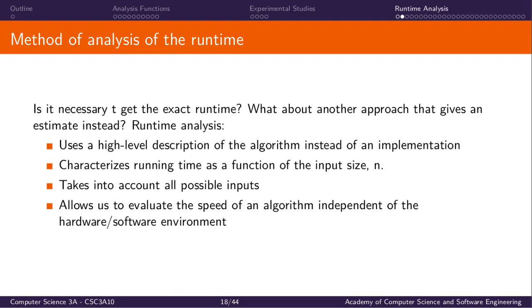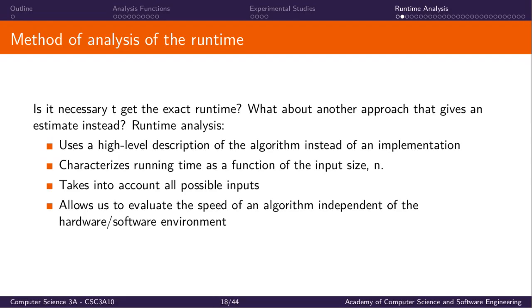All right. And so instead of actually implementing this algorithm, we can instead look at a high-level description of it, like pseudocode, then characterize the runtime as a function of the input. So see, what does this algorithm actually do on that input? Based on that, try to characterize the function's runtime as a function of that input. Because we're expressing it as a function of the input, as in some function of n, then we're taking into account all possible values of n.